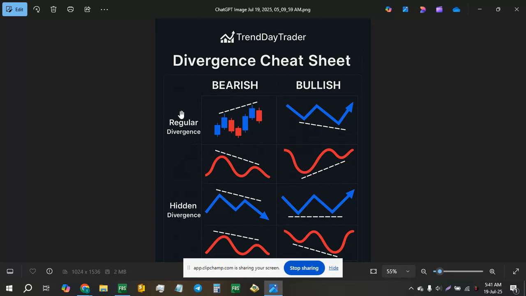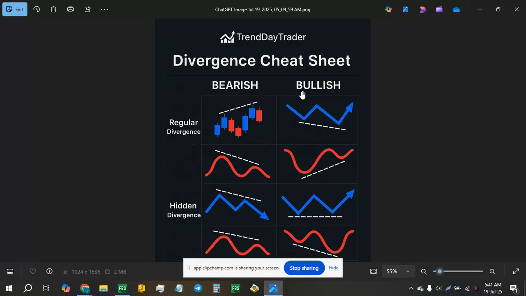We have the regular and the hidden, and the difference is that in the regular divergence, whether it's bullish or bearish, price always makes a new price extreme. In the case of the bearish, the price is making a higher high while the oscillator is making a lower high.